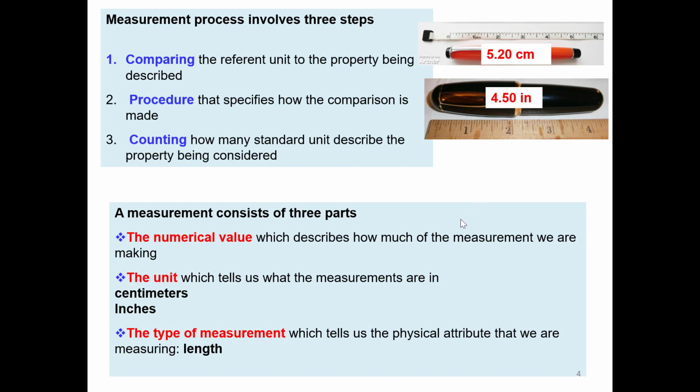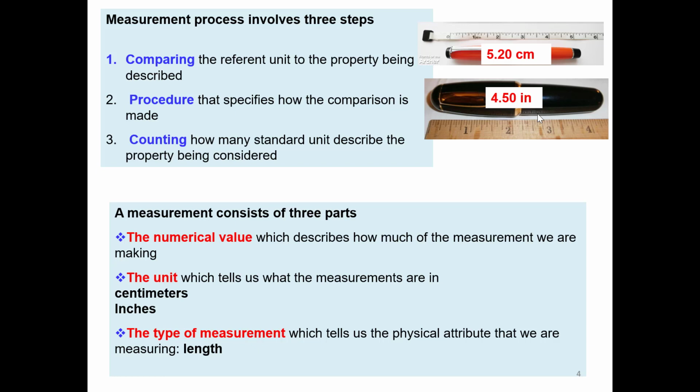Always when we report a measurement, we need to report three different things. The first thing is the numerical value, which in this case is 5.20. Then the unit, which in this case is centimeters, and in the second example is inches.